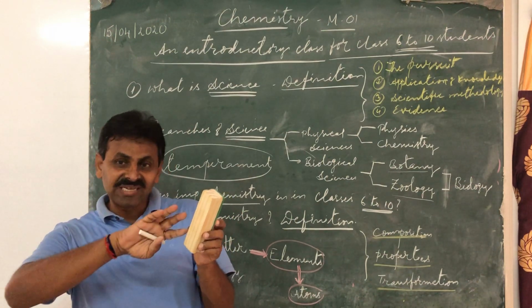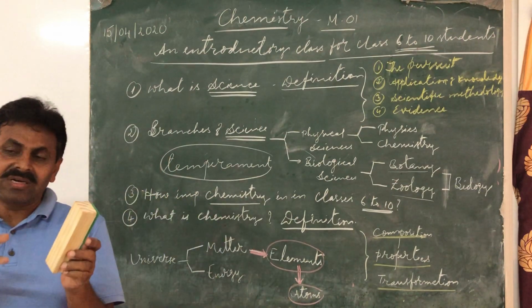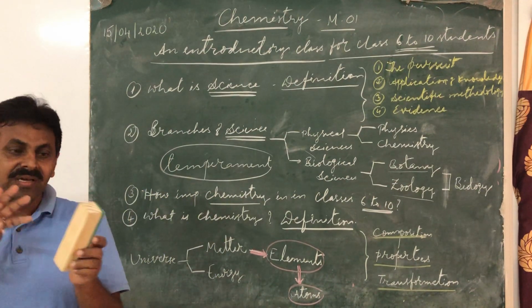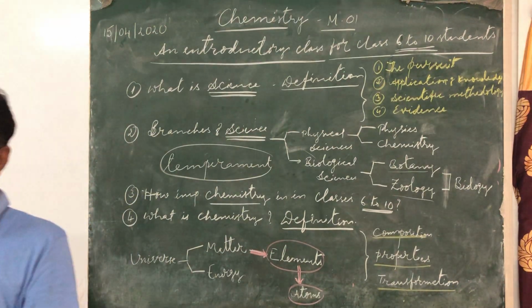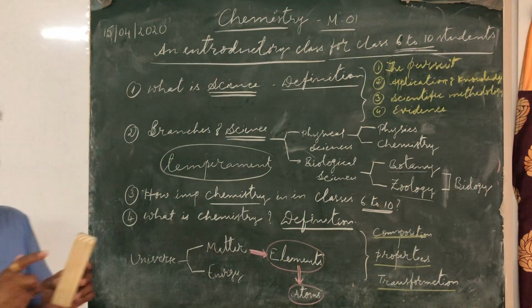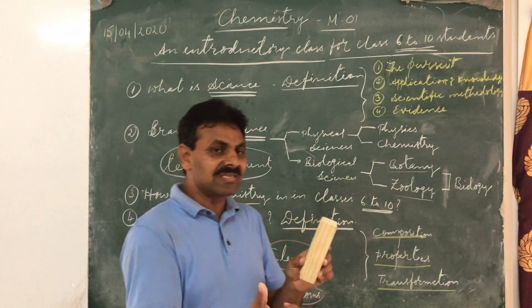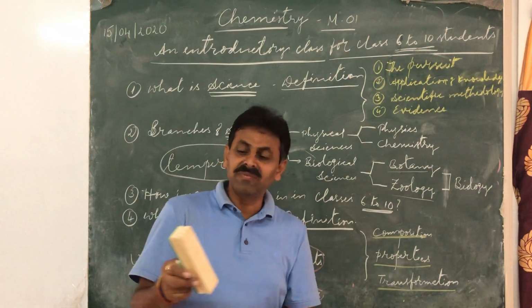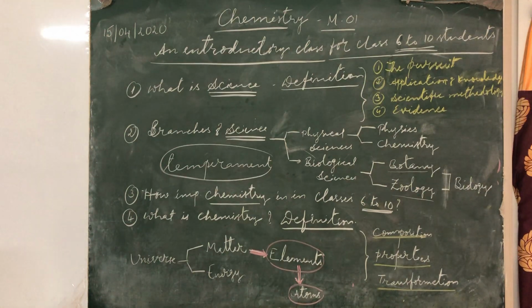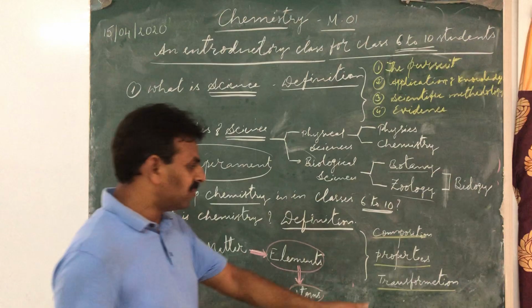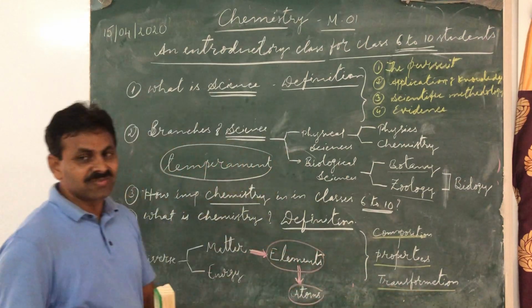Oxygen and hydrogen will get separated. They will enter into the atmosphere in the form of water vapor and carbon dioxide, leaving behind only carbon in the form of ash. That's the reason why when you burn this, you will get ash. This is how it is undergoing some change, and that change from one form to another form is nothing but transformation.